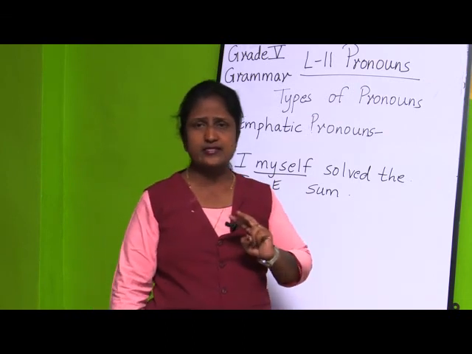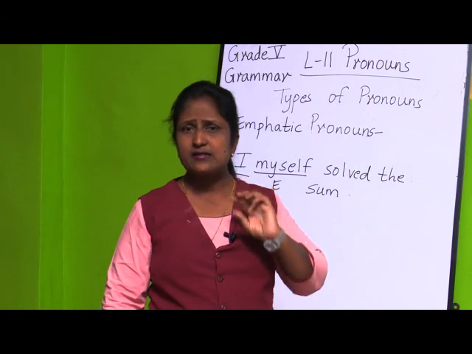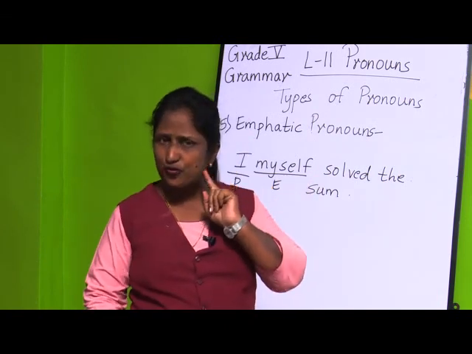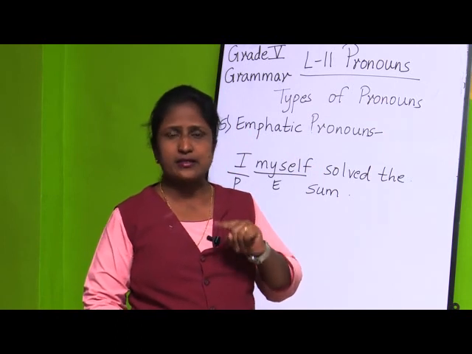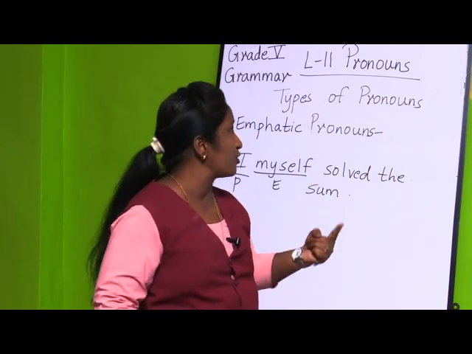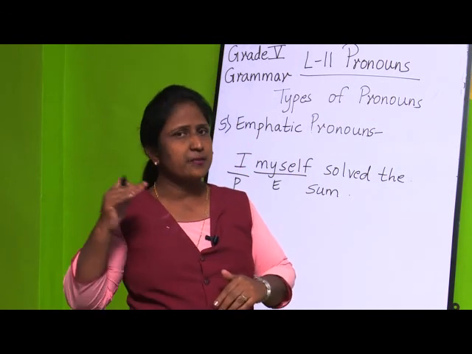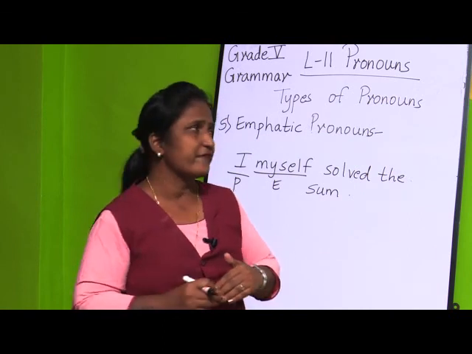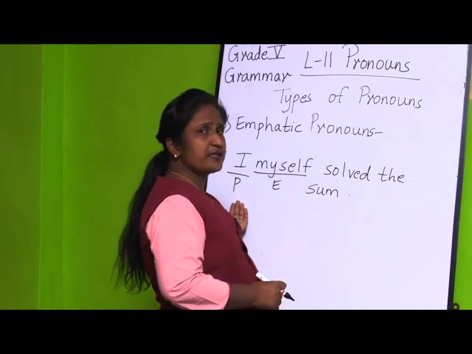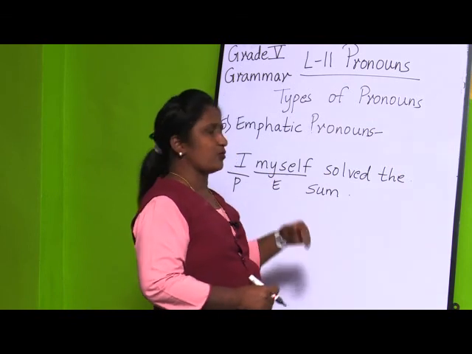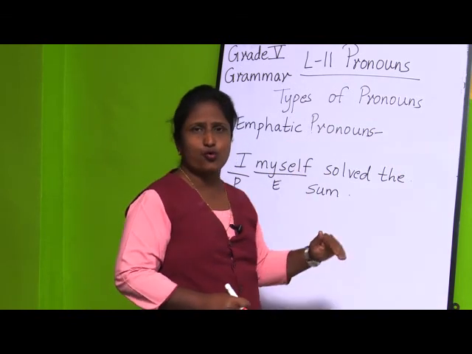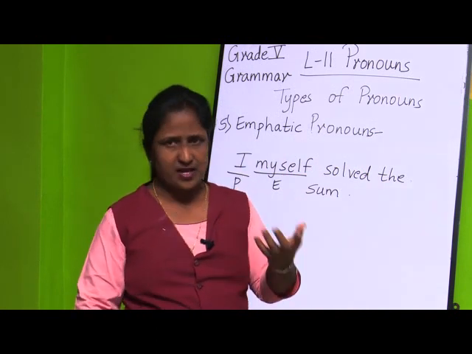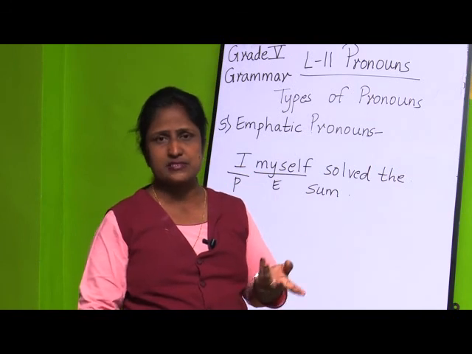The different thing is that the reflexive pronoun comes in the place of object, but the emphatic pronoun comes immediately after the noun or the pronoun. The pronouns are the same: myself, ourselves, yourself, themselves, herself, himself, itself.